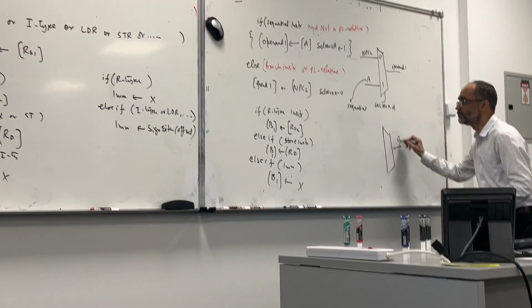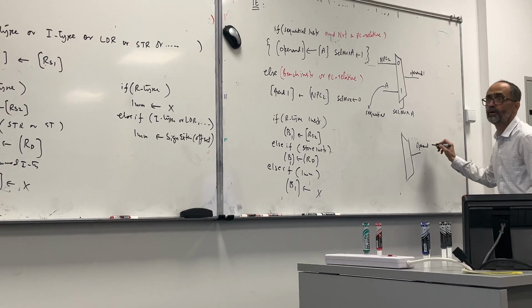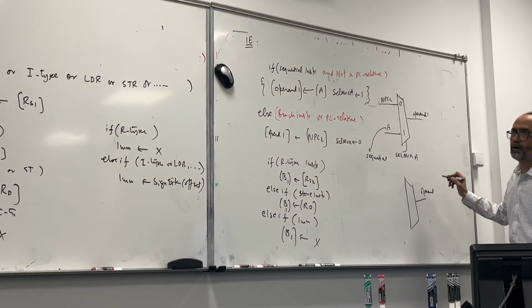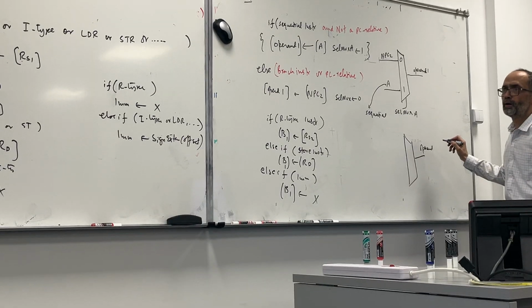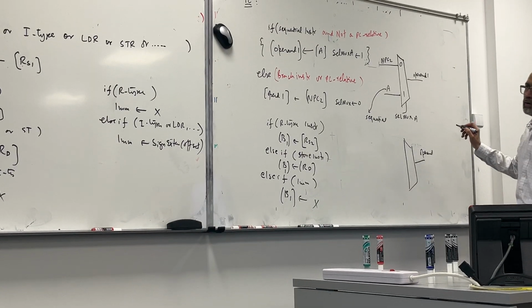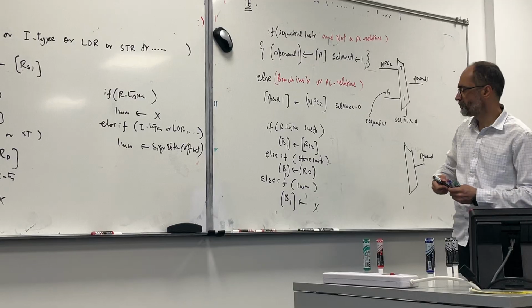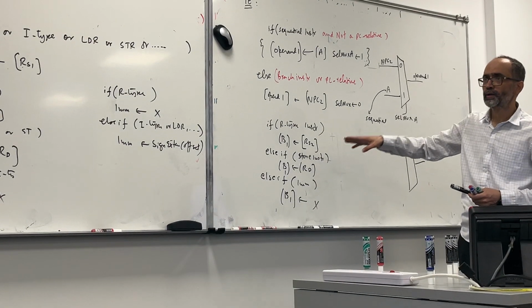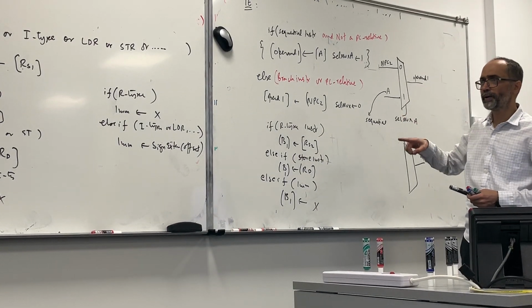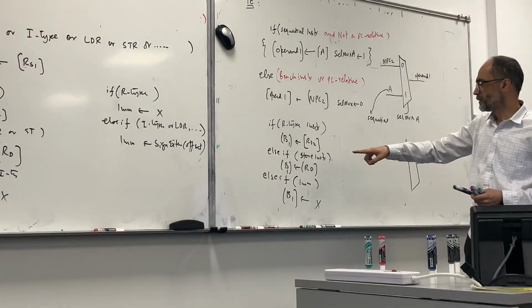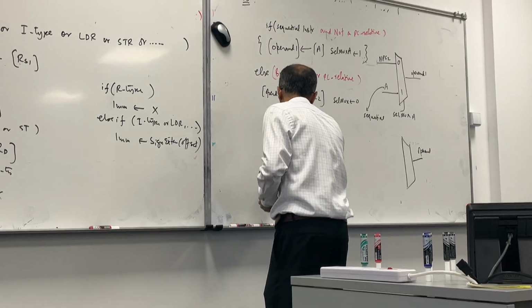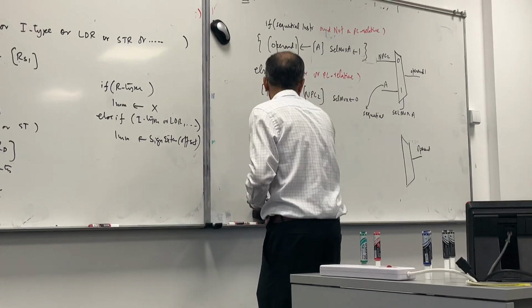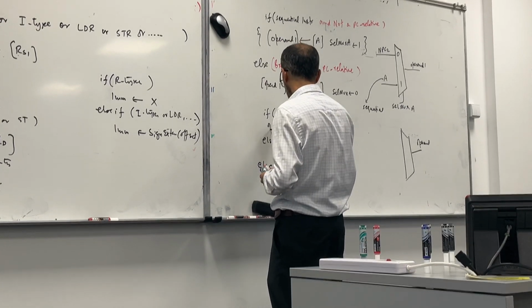So we have operand 2. No. B1 is already there. This is our type instruction. The operand 2 is not B1, because B1 has already been assigned. So this is actually operand 2.